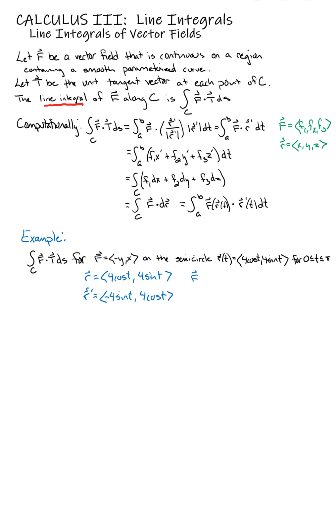Also, f is negative y, x. Remember, the x and the y values come from r. So f ends up being negative 4 sine t, comma 4 cosine t.